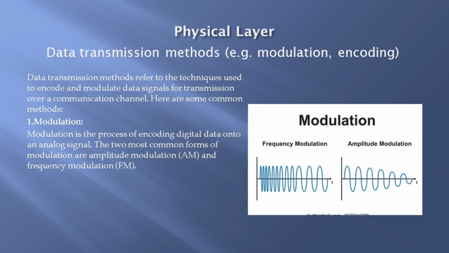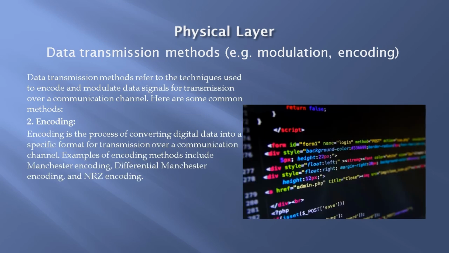The two most common forms of modulation are amplitude modulation AM and frequency modulation FM. 2. Encoding. Encoding is the process of converting digital data into a specific format for transmission over a communication channel. Examples of encoding methods include Manchester encoding, differential Manchester encoding, and NRZ encoding.